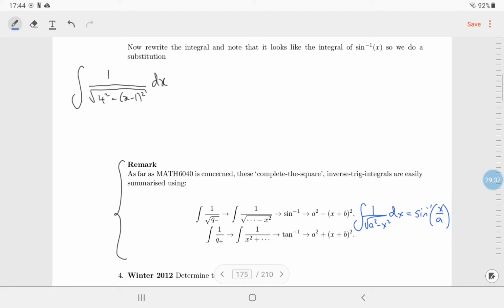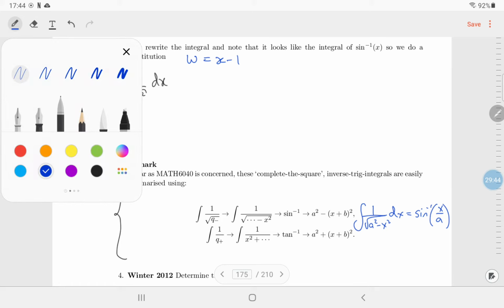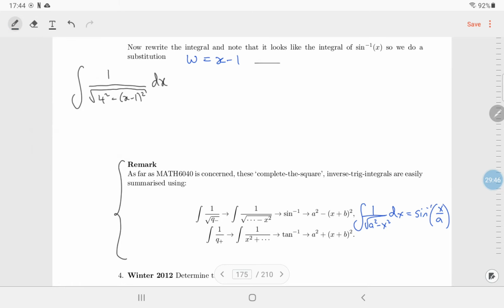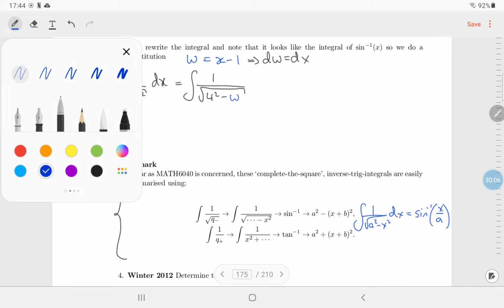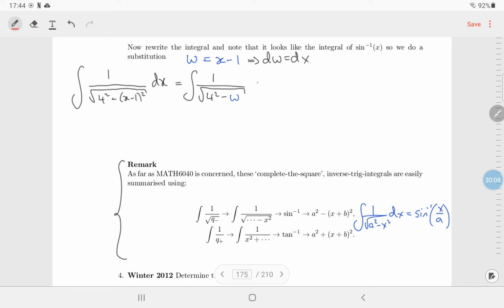I'll try and be a bit more careful, and I'll do a w substitution. w is equal to x minus 1. You differentiate both sides with respect to x, you'll get dw dx is 1. Multiply both sides by dx, you end up with dw is equal to dx. So I'm going to rewrite this as the square root of 4 squared, minus w squared, and the dx is equal to dw.